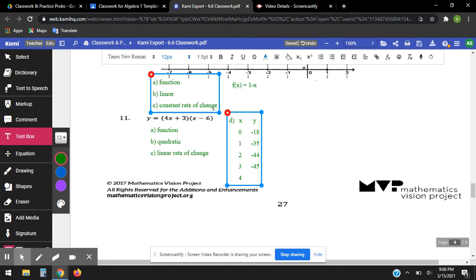Okay, 4. 16 plus 3 is 19. 4 minus 6 is negative 2. 19 times negative 2 is negative 38. Oh, it went back down already, so we must have hit a point and are going back down.